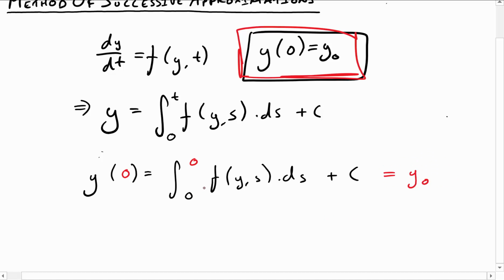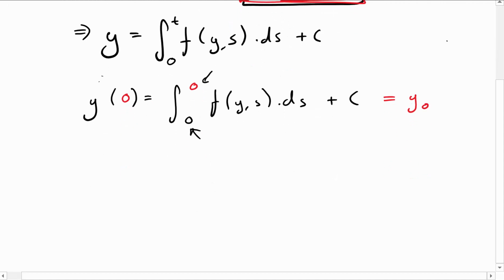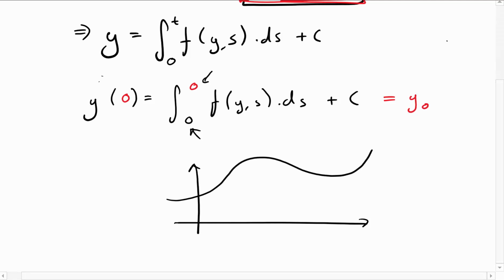Well, what is this basically saying? I'm saying that the integration from 0 to 0. Remember what integration is saying. The integration is the area underneath the curve. So if my curve looks something like this, and this is 0, then what I'm doing is finding the area underneath the curve.